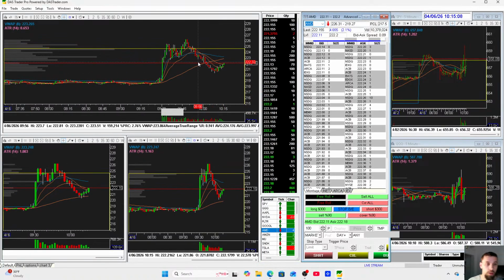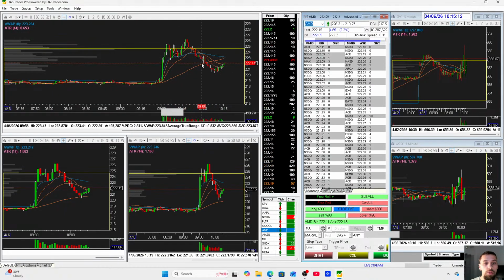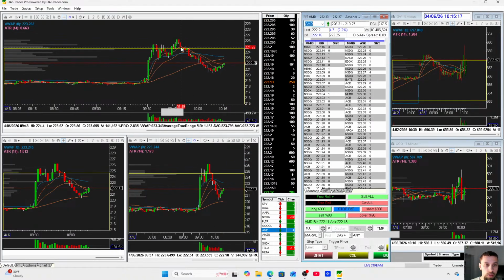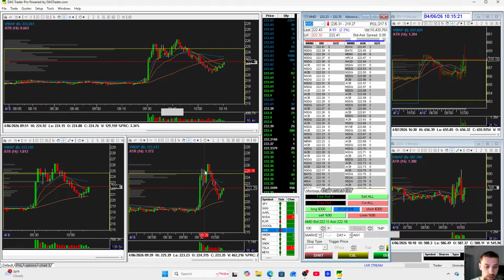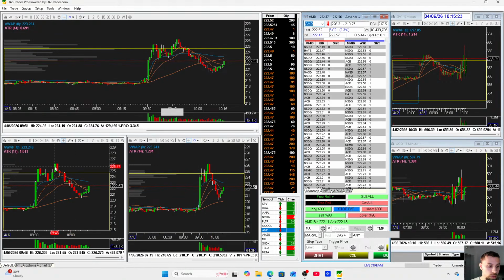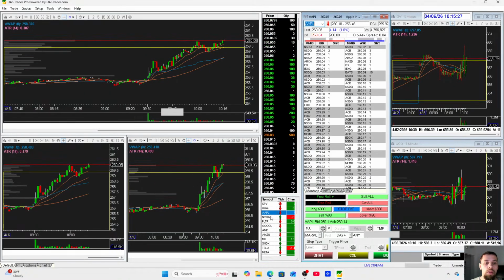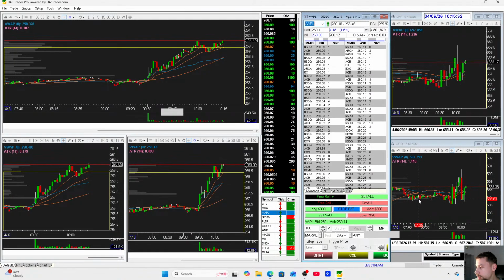AMD had a really nice pullback. Very nice pullback. Apple still working its way up.